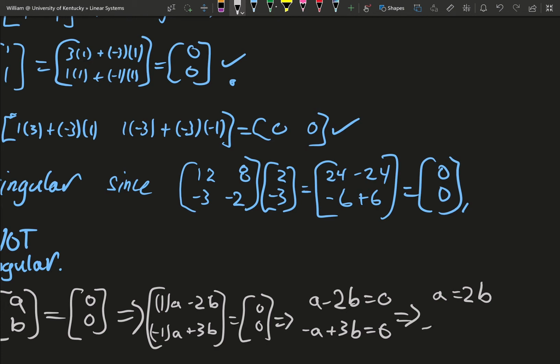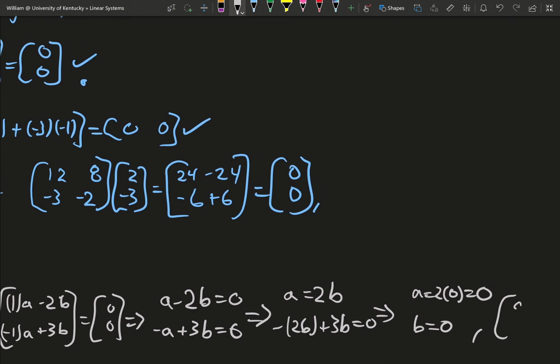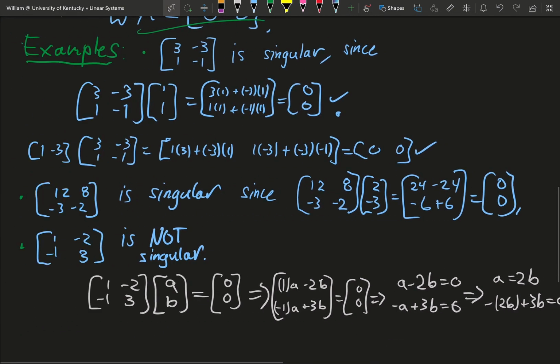I can plug that in, -2B plus 3B equals 0. Well, that just says B equals 0. But if B is 0, well, A is 2 times B, so A is 2 times 0, so also 0.